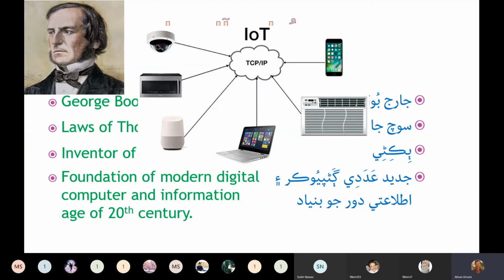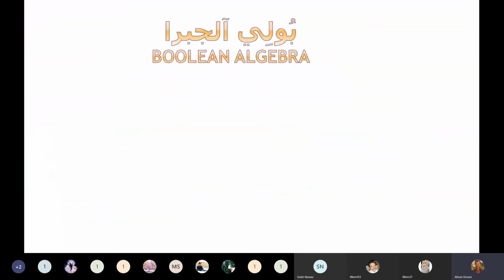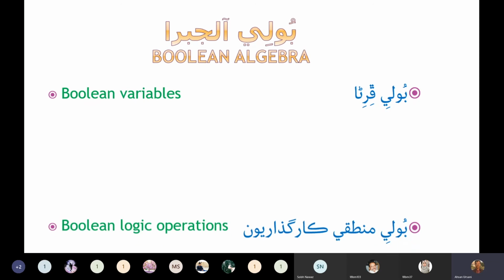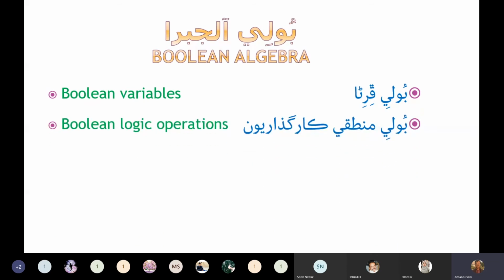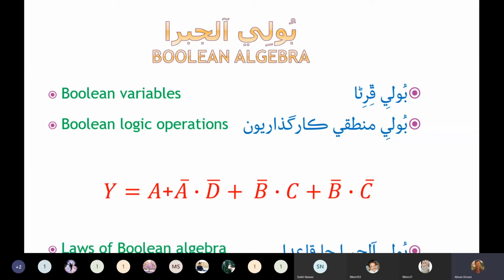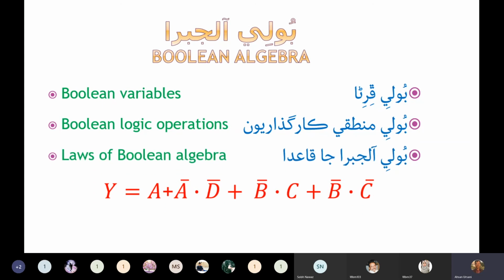Today's digital computers are working on the foundation of Boolean algebra, and later we had the information revolution, the fruits of which we are using today. The third thing that we will learn are the rules of Boolean algebra.